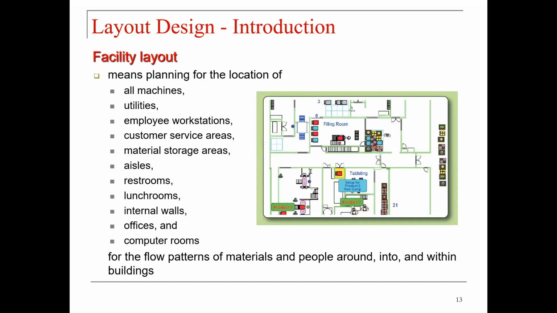So this means planning for the location of machines, utilities, employee workstations, customer service areas, material storage areas, aisles, restrooms, lunchrooms, internal walls, offices, and computer rooms for the flow patterns of materials and people around, into, and within buildings. So again, we're going to focus most of our efforts this semester on designing facilities from this perspective.